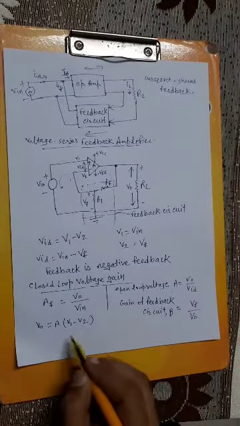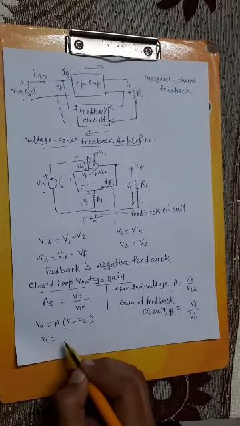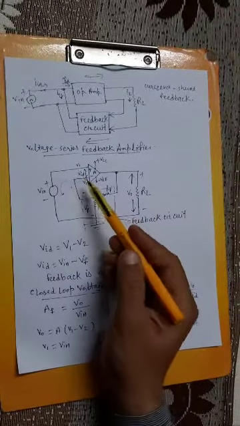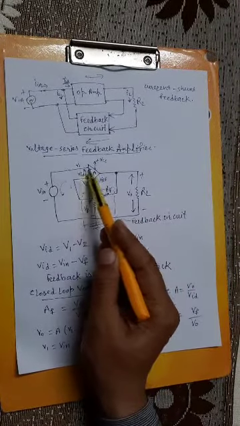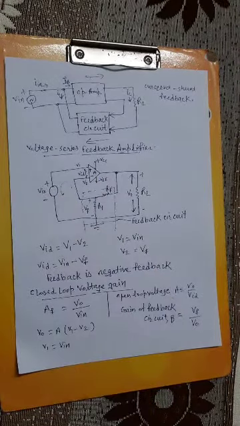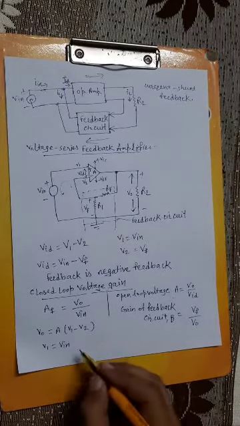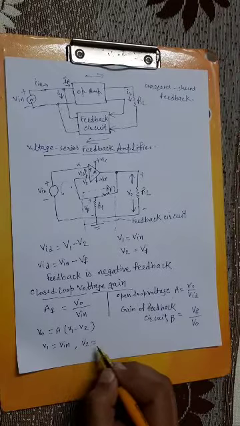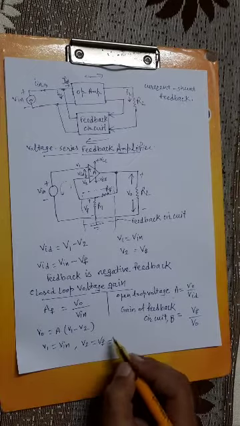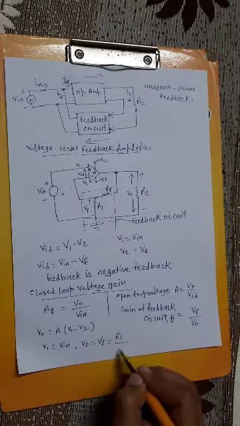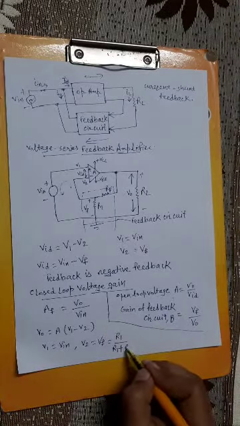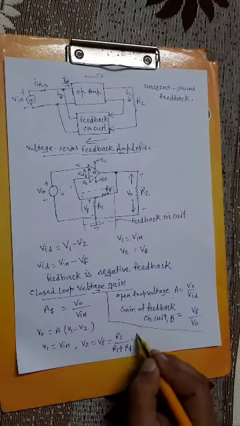Now what will be the V1? V1 is equal to V input, because on the V1 side, on the non-inverting terminal, the voltage applied is V input. And V2 is equal to Vf, which is equal to R1 by (R1 plus Rf) into V naught.